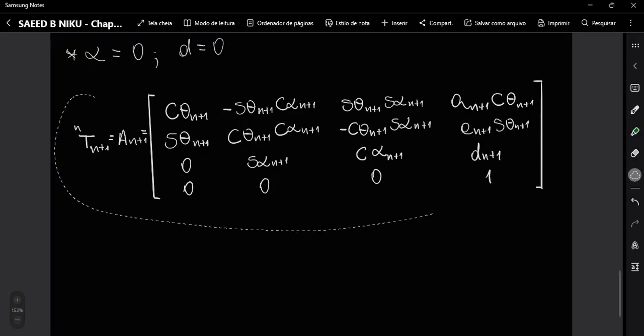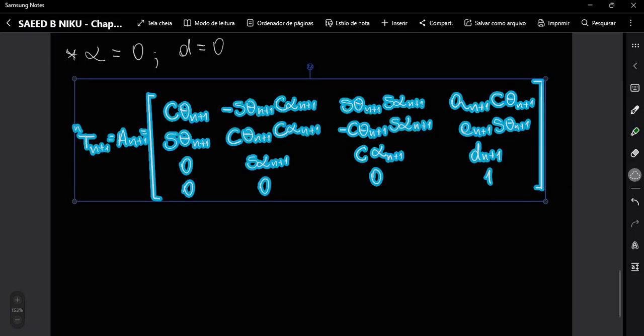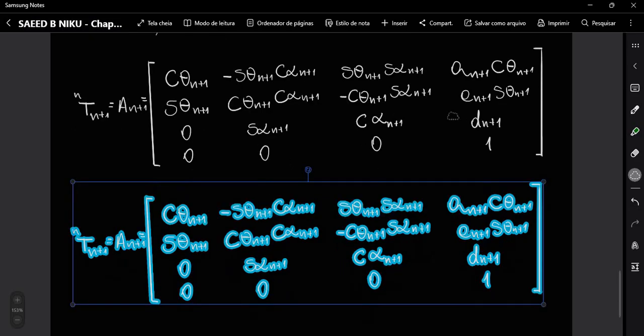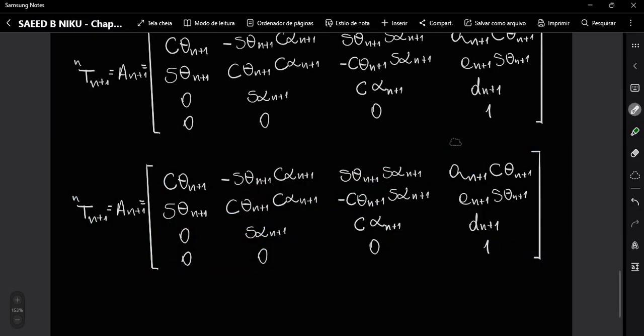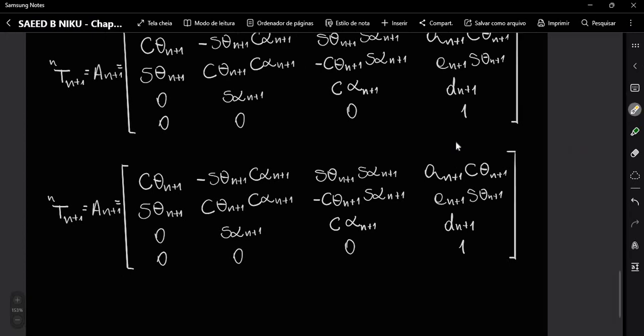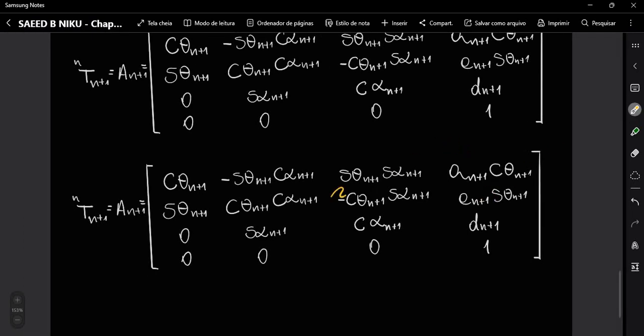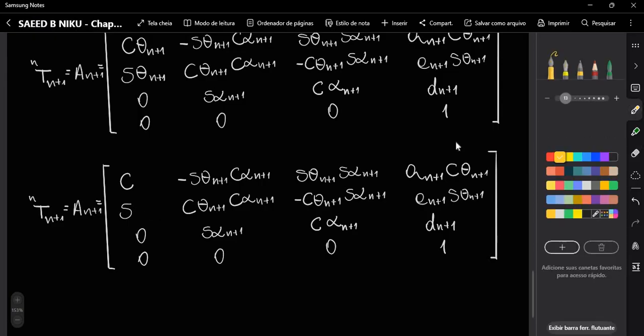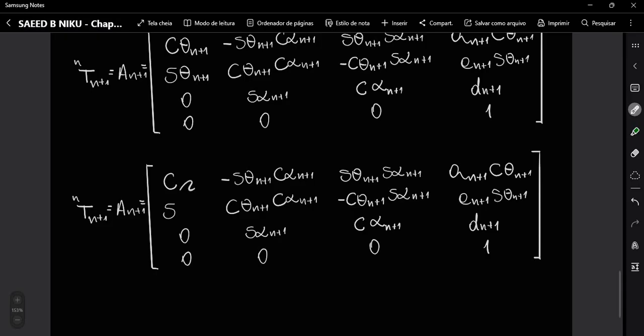Let me copy this again. First for theta 1. Right here, we'll just use C1, S1.